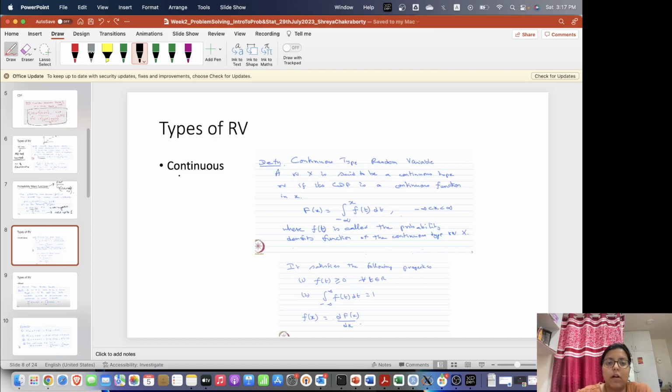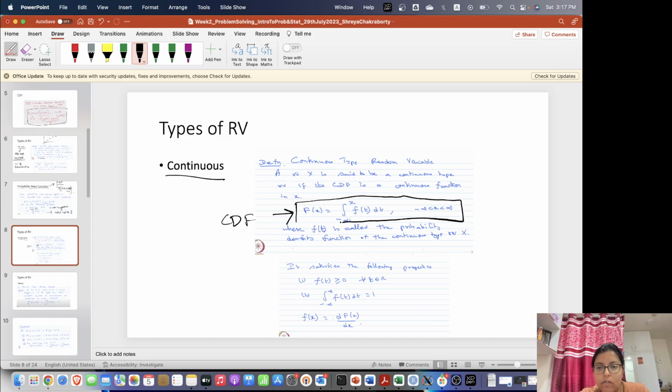And also we learnt about continuous random variable. The CDF of a continuous random variable is written in this manner. This will be the definition of the CDF of a continuous random variable, and this f(t) dt inside the integral is the probability density function. So f(t) is my PDF.